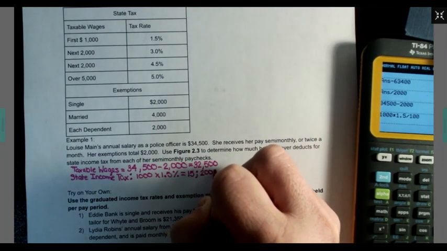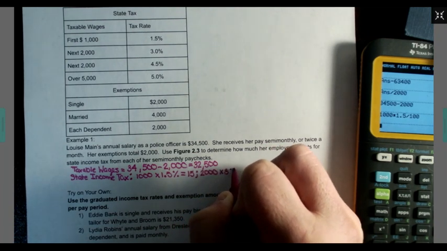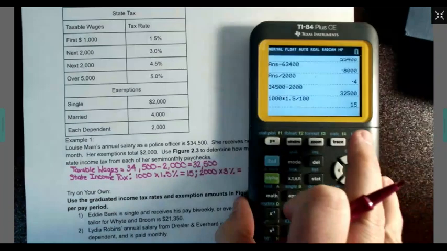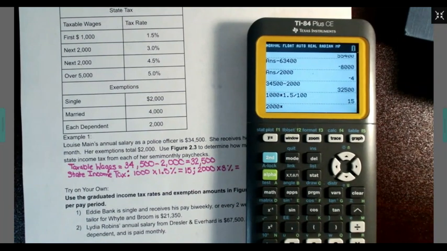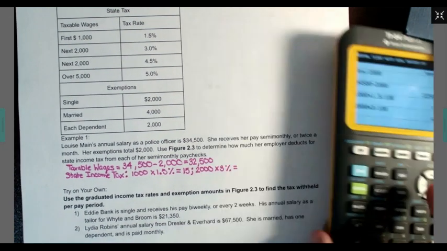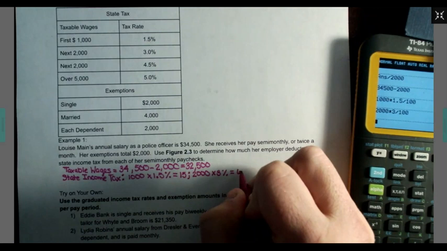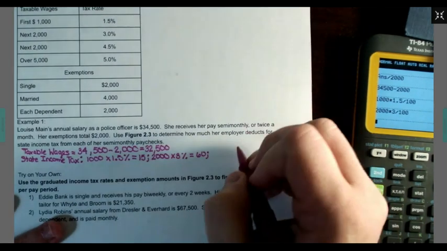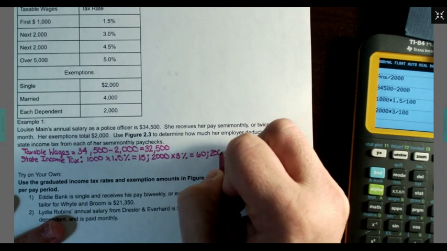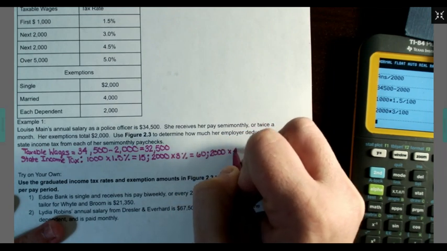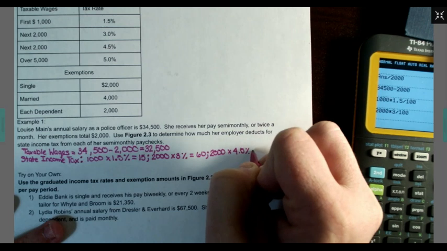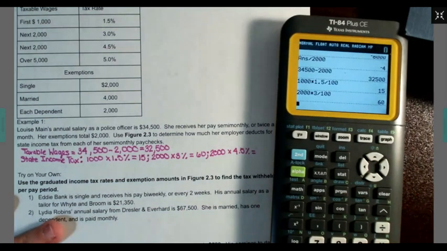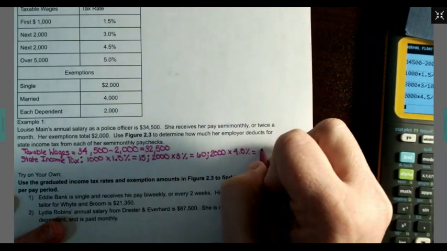So we do 2,000 times 3%, $60. The third level is $2,000 at 4.5%. That's $90.